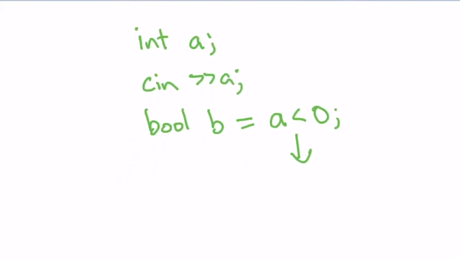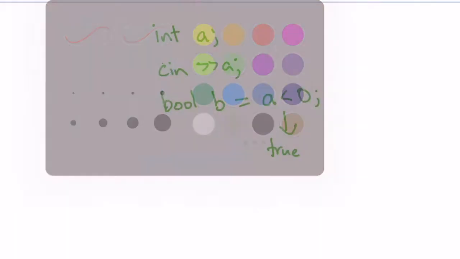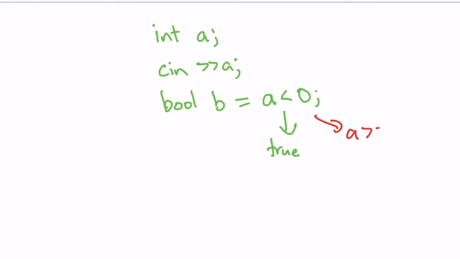If a is a negative number, then this will give you true. If a is greater than 0, then you will get false. And also, if a is equal to 0, you will also get false, because if a is equal to 0, that is not less than 0.